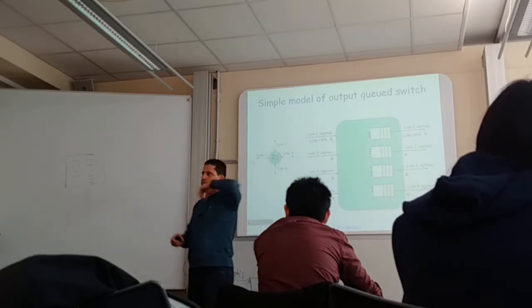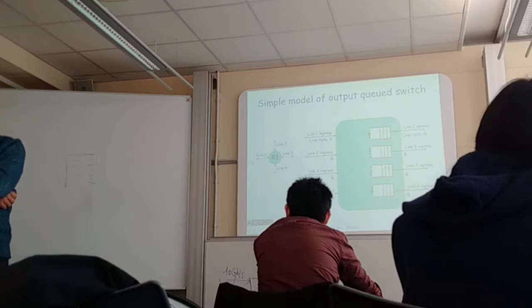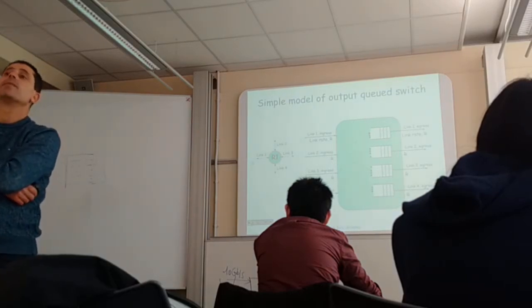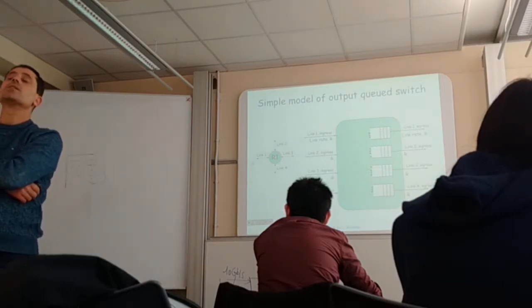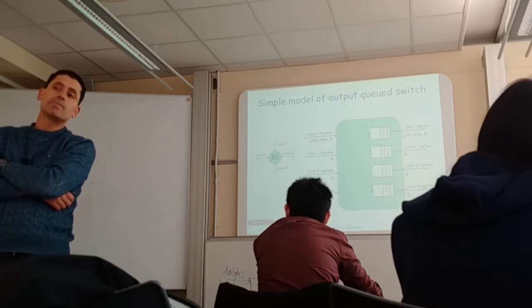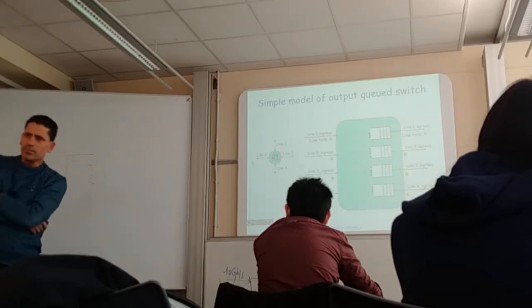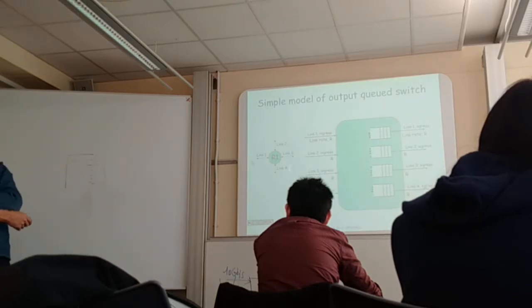We lose some of the packets. You lose some of the packets. It must be packet loss, as you say. Some packets will be dropped. Why? Because the output link is slower than the input, and you will end up with a big buffer here. So unless your buffer is infinite, you will lose packets.